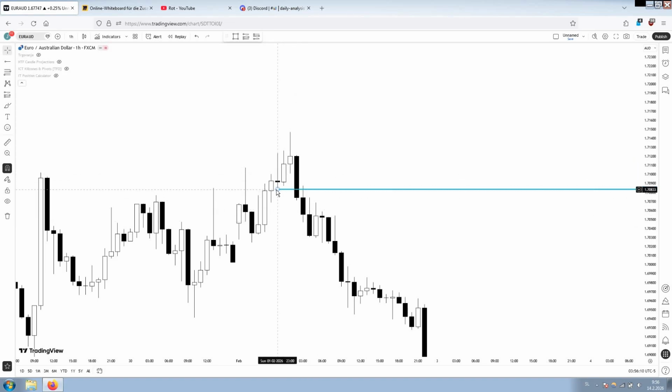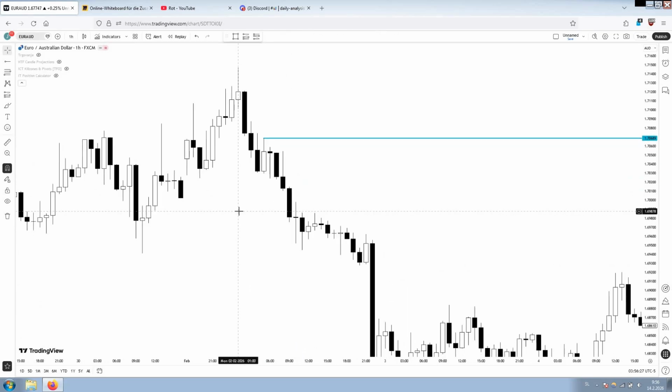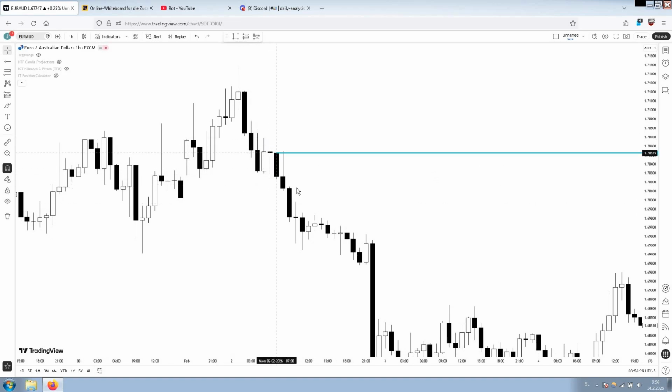Now that we are in a bearish trend, we have to wait for price to close above the most recent high so that we change the trend from bearish into bullish. So let's follow the highs and see when that happens. Here we have a high, nothing happens.